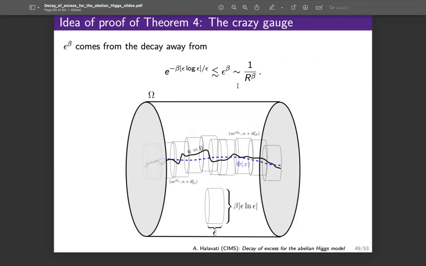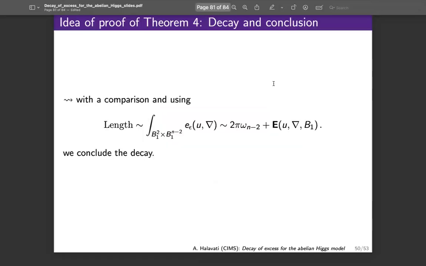And this is where 1 over r to the beta shows up. Okay. And you use a comparison argument and the fact that the mass inside is equal to the mass of the flat ball plus the full excess and the approximation of the length to say that, okay, the excess actually decays until I hit the threshold epsilon to the beta.